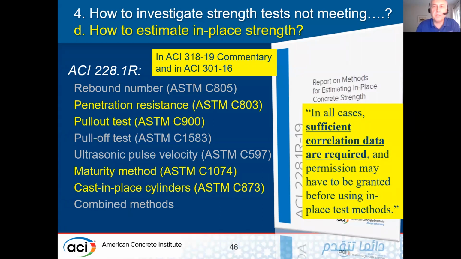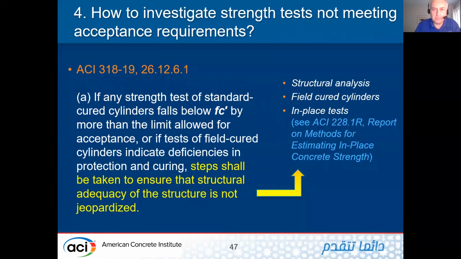The important part is that in either case, whatever you choose, sufficient correlation data is required, and also permission has to be granted before using any of those test methods. So again, correlation is key. Please look into ACI 228.1R for details.